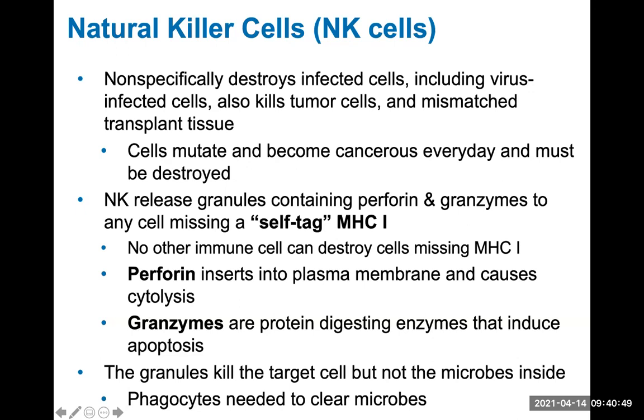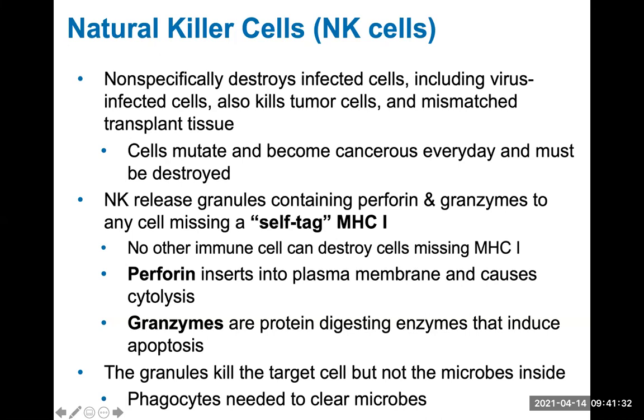And additionally, when we start talking about things like transplants, this is part of the problem why we have to be very, very careful with transplants and finding that perfect match is to avoid immune responses such as natural killer cells. So a mismatched transplant would cause a huge reaction. Cells mutate all the time, right? And so when you hear things like killing tumor cells, it's maybe not as scary or as impressive as it might sound, because this is happening every single day, right?